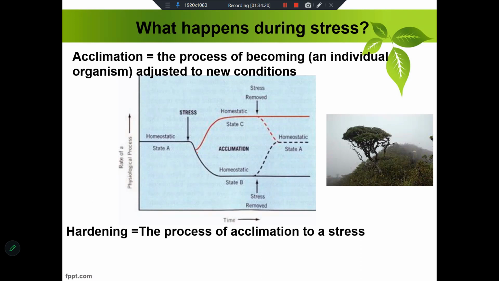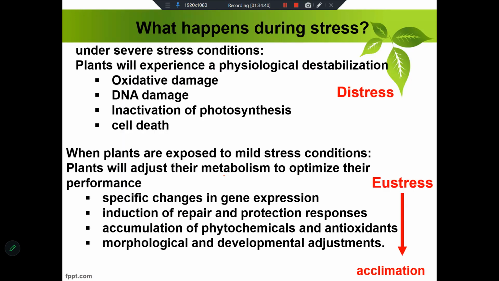Here you can see in the black graph, it is slowing down, decreasing, not increasing, if it is not a very strong type of stress. So we are talking about mild stress conditions.